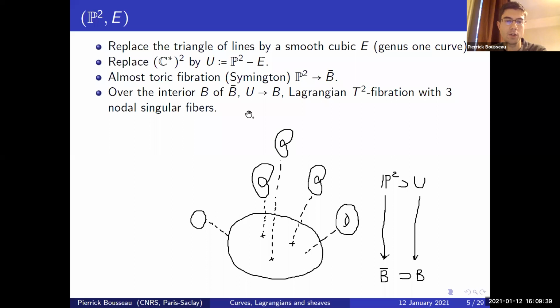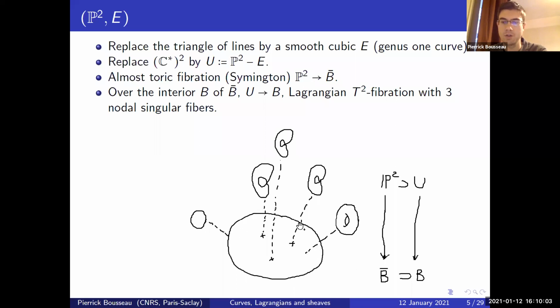And the previous toric description of C star squared deforms into a so-called almost toric description, in the sense of Symington, of P2. So the claim is that there is a fibration of P2 over some base B bar, where now B bar is a closed disk.